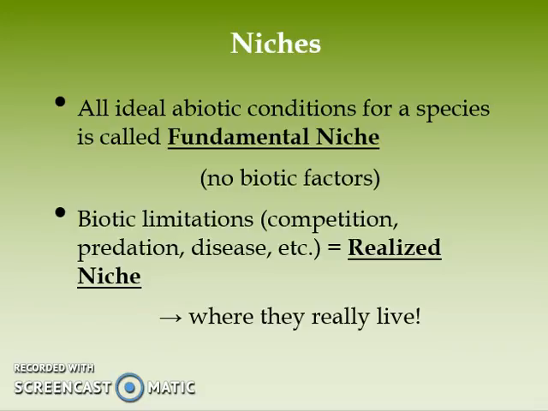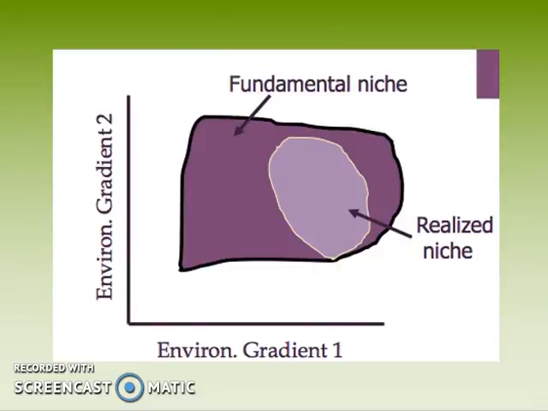But the realized niche is a part of your fundamental niche where you're actually going to find them. So here you go: your fundamental niche is a large area, depending on your abiotic factors. But where you actually are going to find them is your realized niche, and that's based on biotic factors, competition, predation involved.